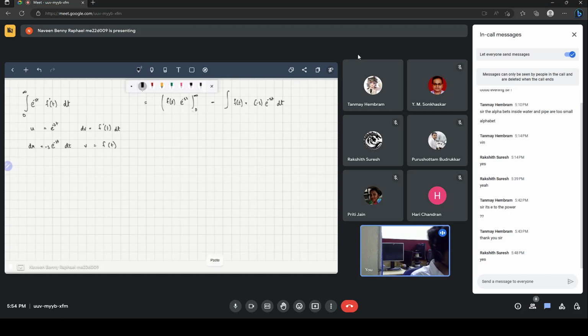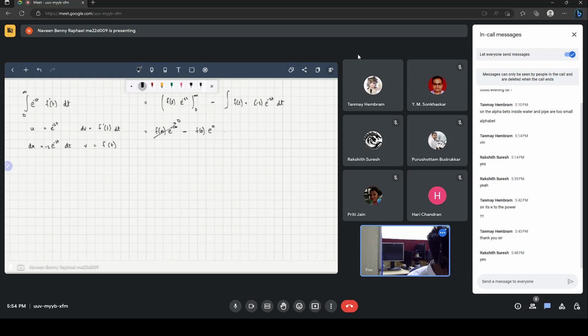On evaluating the first term, we get f of infinity into e to the power minus s into infinity, and this is 0, minus f of 0 into e to the power 0.